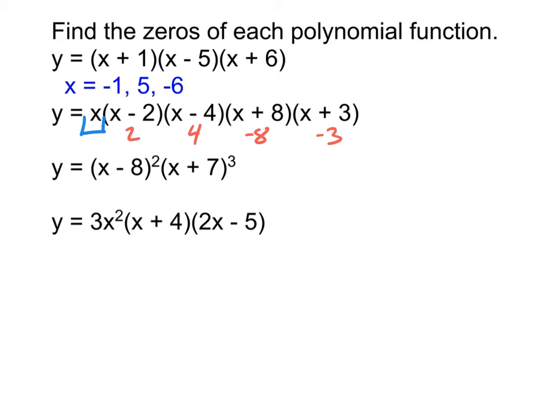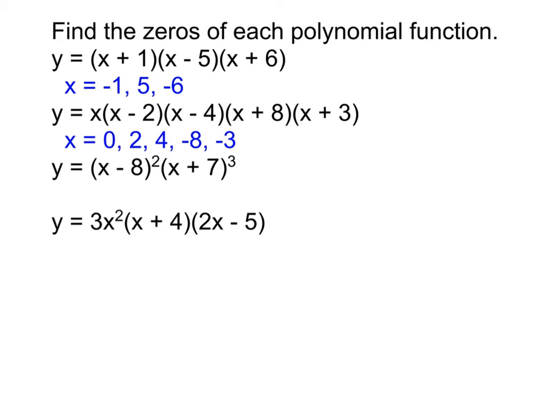What can I plug in for x at this point that would make that whole little piece equal 0? 0. Yeah. Because if x equals 0, then it's 0 times the whole thing. So those are our solutions for that second one.